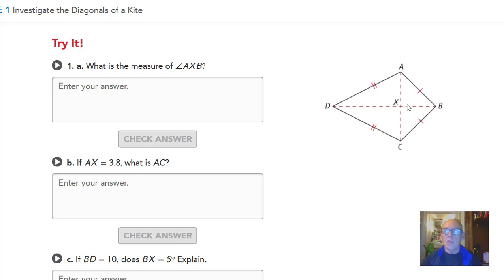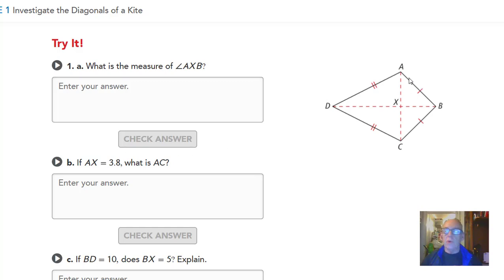This is going to be a right angle. Based on our argument from before, this major diagonal is the perpendicular bisector of the minor diagonal because these two triangles are congruent by side angle side, and that's going to be a 90-degree angle.